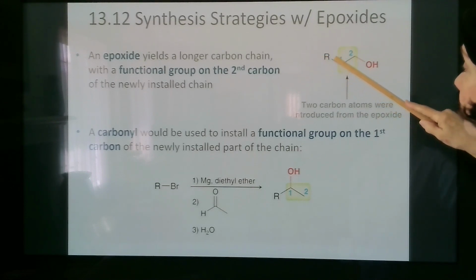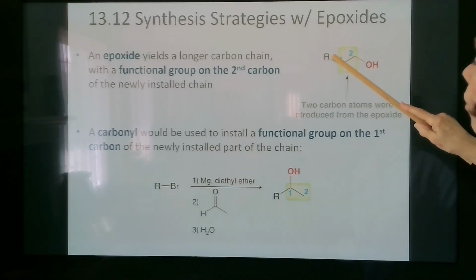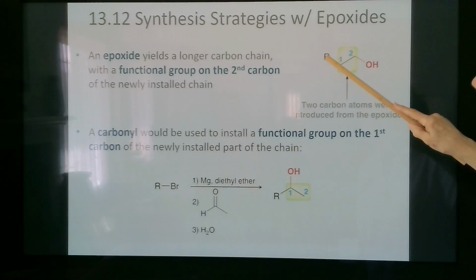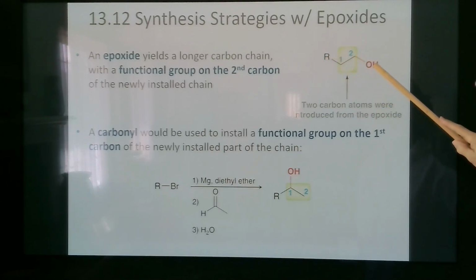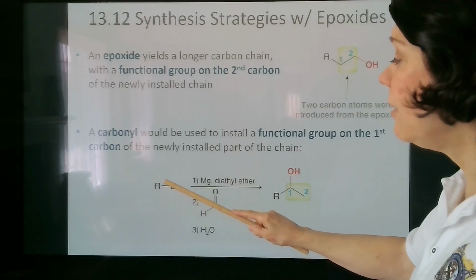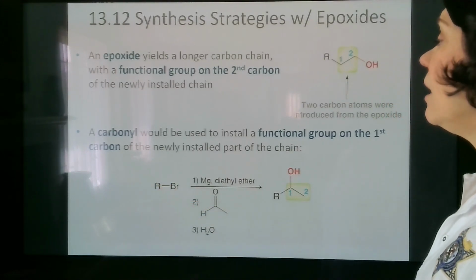So if you're taking the perspective of the alkyl group and you want to elaborate on the alkyl group, you can use an epoxide as the reagent, and you will add 2 carbons with a functional group on carbon number 2.